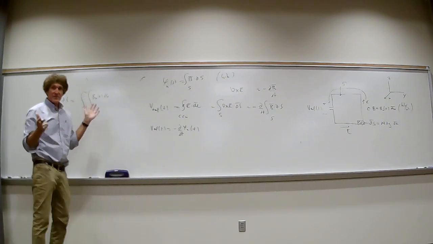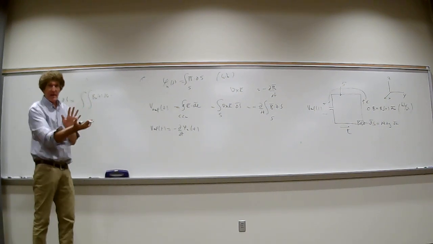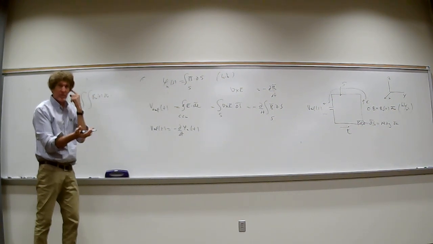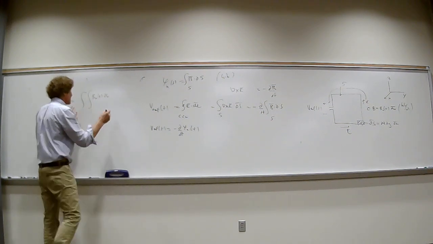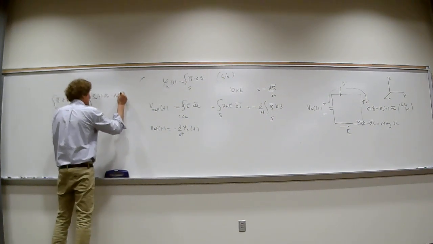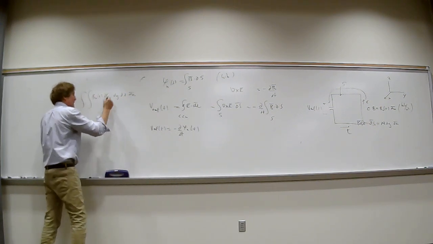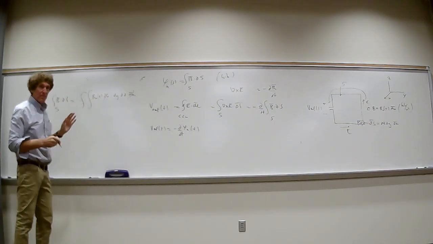Does everybody agree that that's the differential surface? It's got to be dy dz, right? And then it's got to be in a perpendicular direction, which is ax if you use the right-hand rule. So it's going to be dy dz ax. Ax dot ax is 1, right?